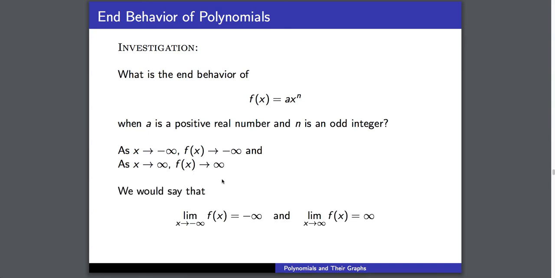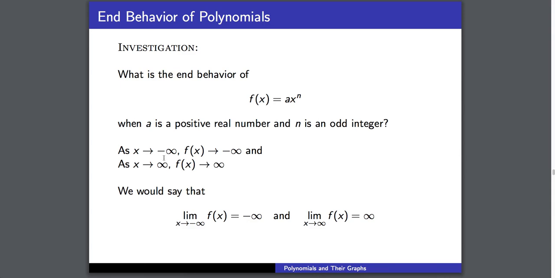Now we're going to introduce a notation that you'll see in future math classes called limit notation. The first one says as x approaches negative infinity, so as we go to the left, our y values are approaching negative infinity, or going down. The limit notation for that is the limit as x approaches negative infinity of our function is negative infinity.